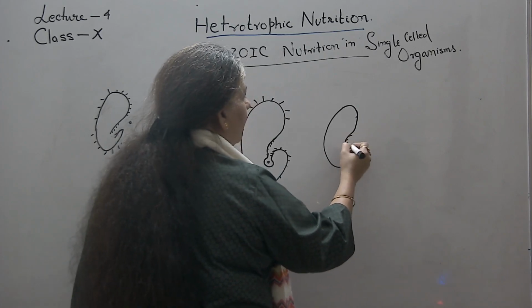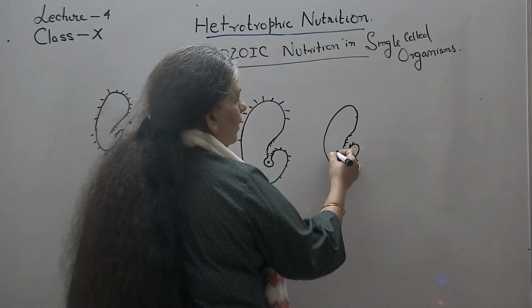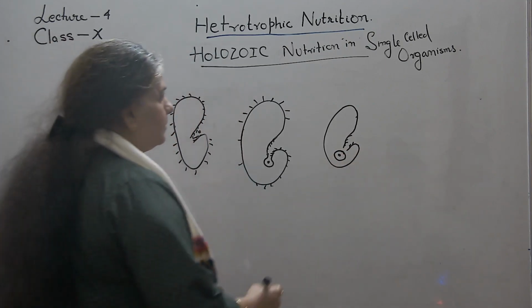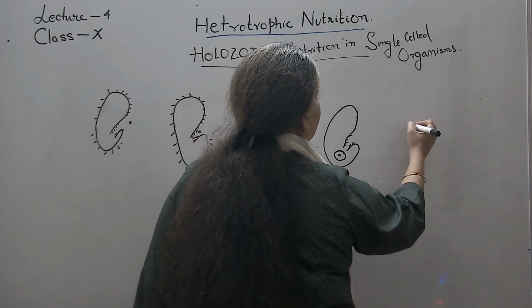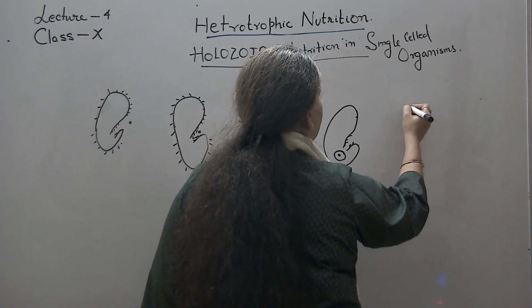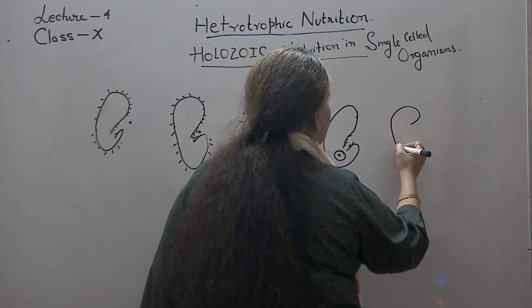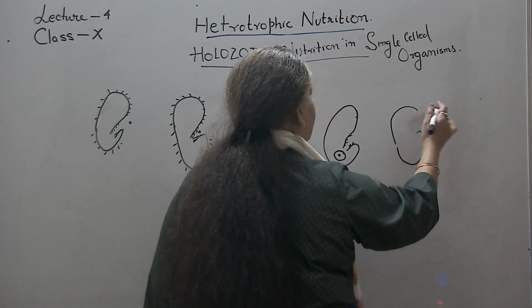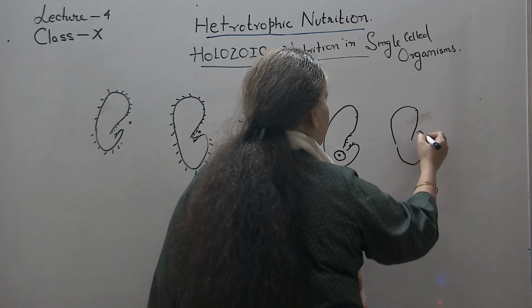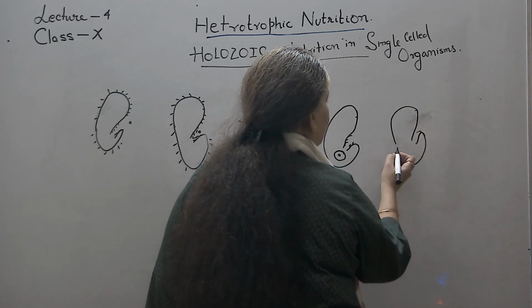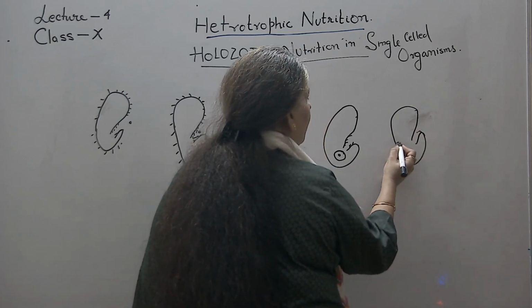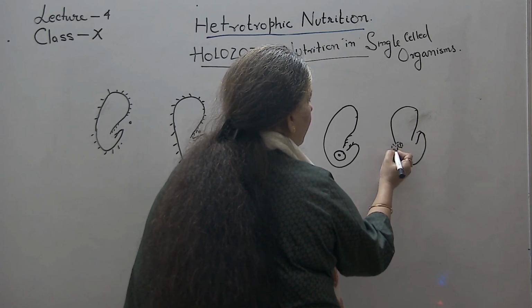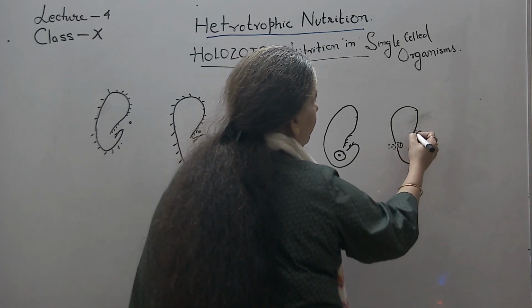Then this food vacuole becomes part of the cell. This is the food vacuole. This is the anal pore through which digested food is removed.